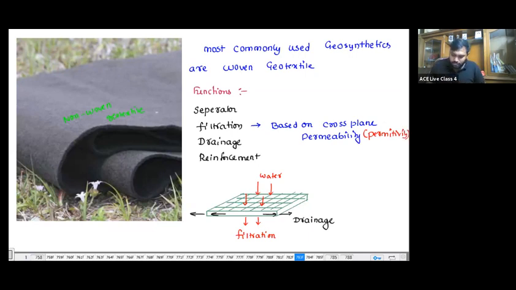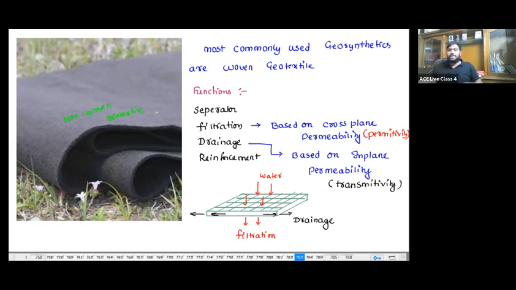Sorry. And the drainage is based on in-plane permeability, known as transmittivity.